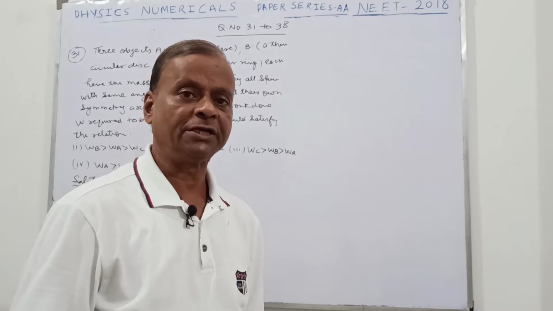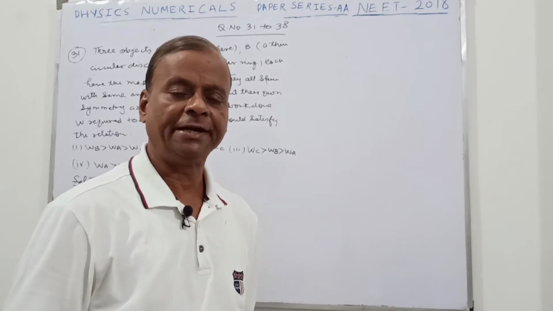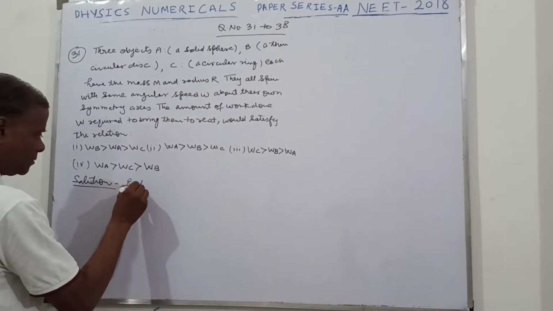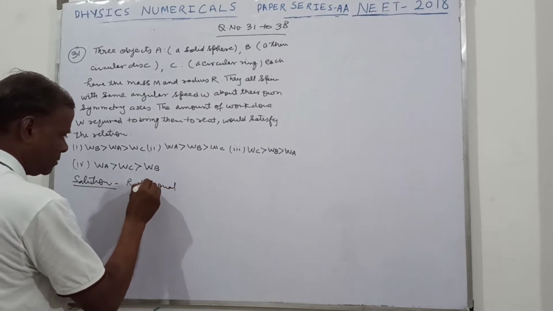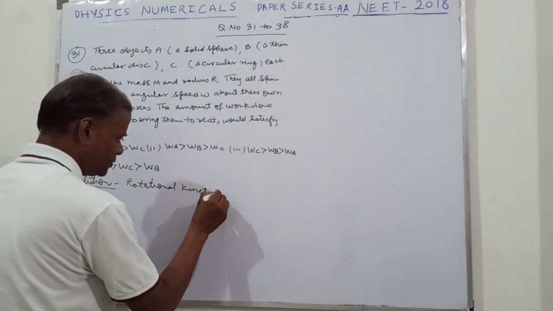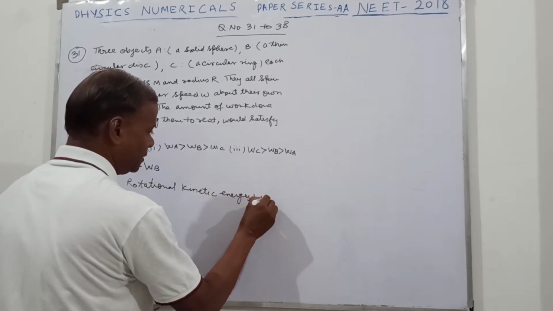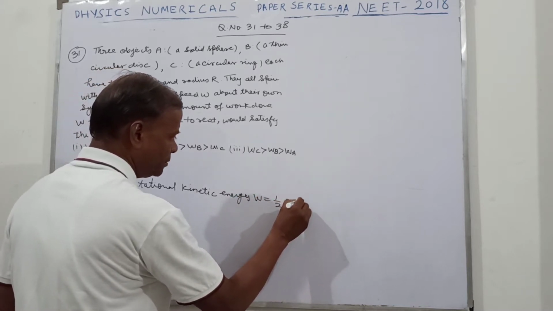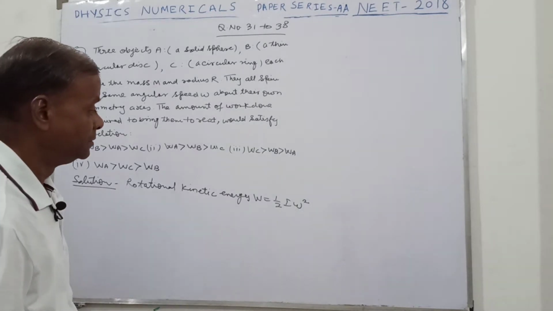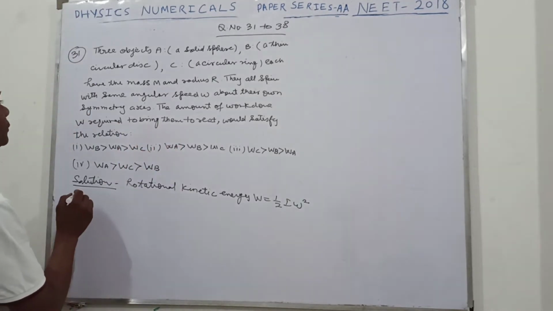When an object is rotating about its own axis, it has rotational kinetic energy W, equal to half I omega square, where I is the moment of inertia and omega the angular speed. The moment of inertia of all these objects is different. So first we take the solid sphere.